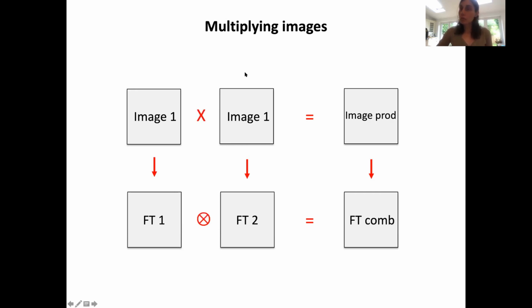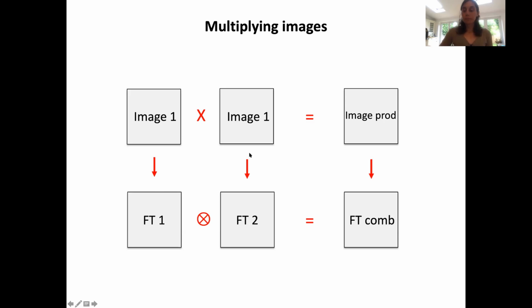The same is not true when we are multiplying images. If we are multiplying two images, we are not multiplying the two Fourier transforms. We are doing another operation on the Fourier transform, which is called convolution. I will explain what this means, and you will hear a lot more about convolution in the second lecture of this day from Elena Orlova.